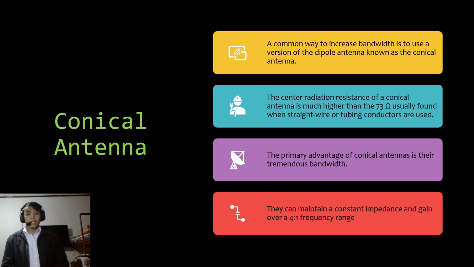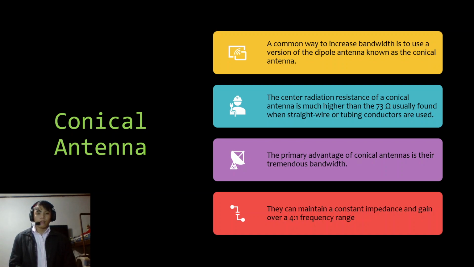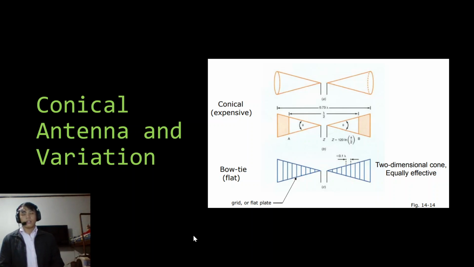The primary advantage of the conical antenna is its tremendous bandwidth. It can maintain a constant impedance and gain over a 4:1 frequency range. This is the illustration of a conical antenna and its variations.